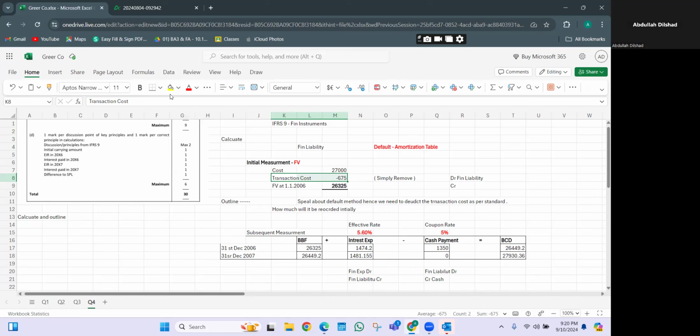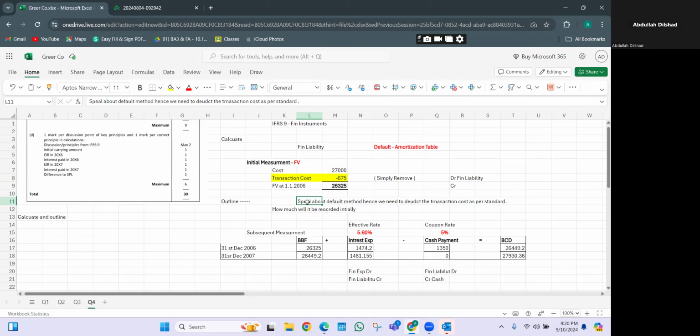If you want, you could include double entries. If you don't want, you can omit them, no problem at all. But make sure that you mention that the transaction cost in terms of a financial liability must be removed from the initial measurement. So that would give you 1 point. As you could see on the left side corner, I have attached the marking scheme of the examiner. So based on that, you could write or calculate or outline your answers.